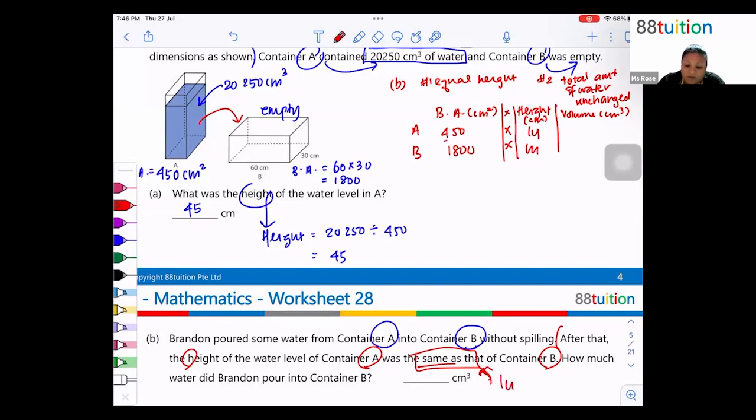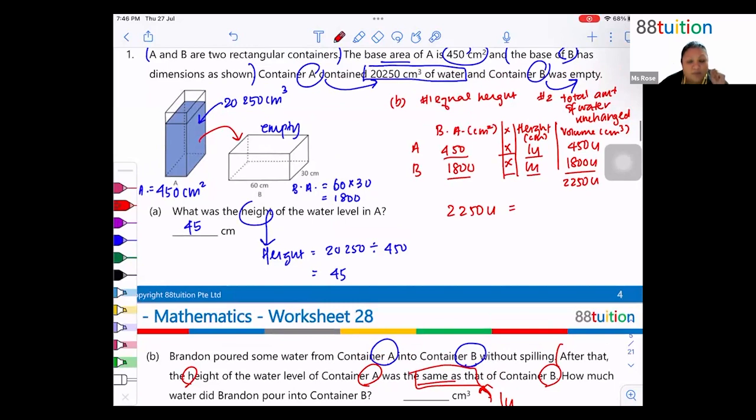So 450 times 1 unit gives me 450 units, 1800 times 1 unit gives me 1800 units, and the total will be 2250 units.